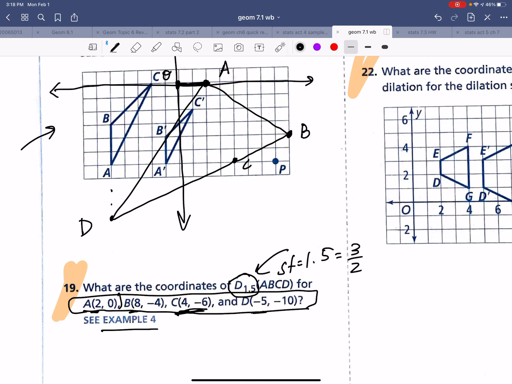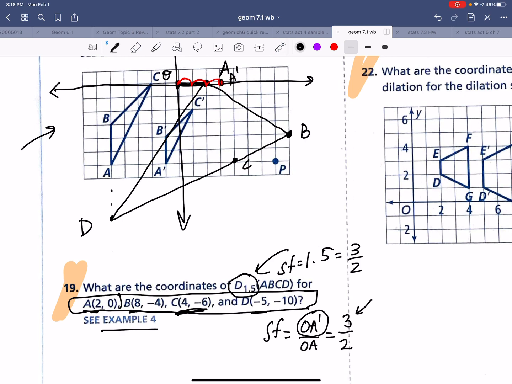From the origin to A, OA is 2. And OA prime we have to find out because it needs to end up being a scale factor of 3/2, right? So that means OA prime must be 3. So I went a distance of 2, and I need to go a distance of 3. So that's where I have A prime.